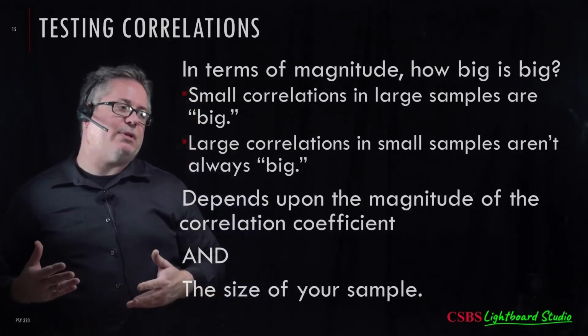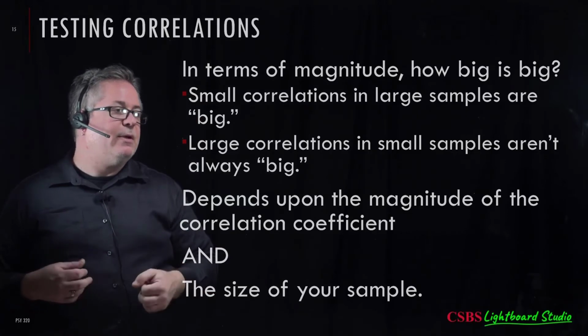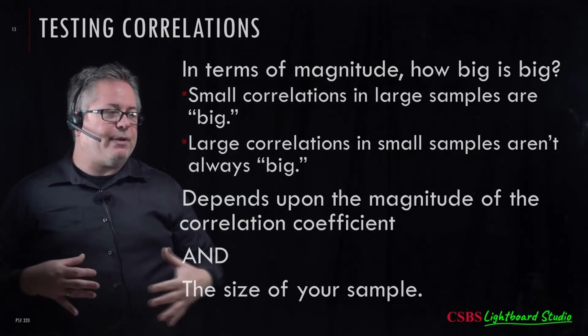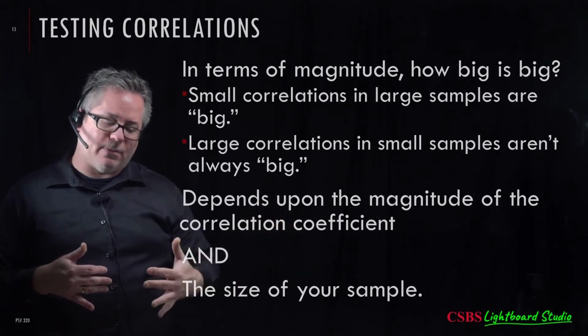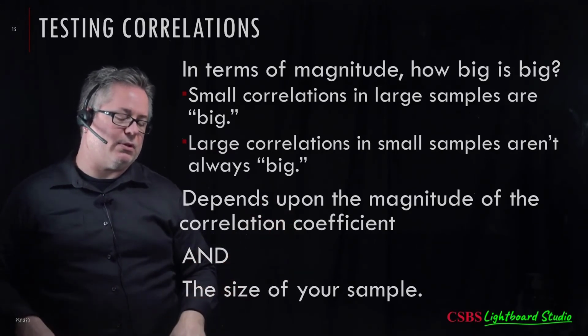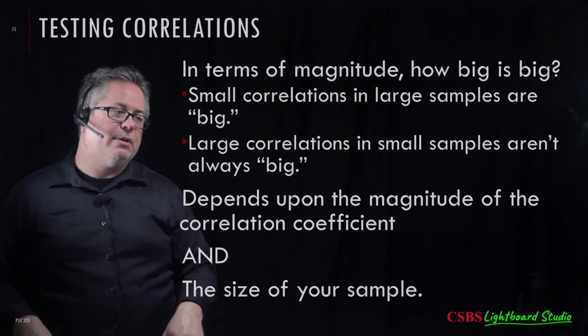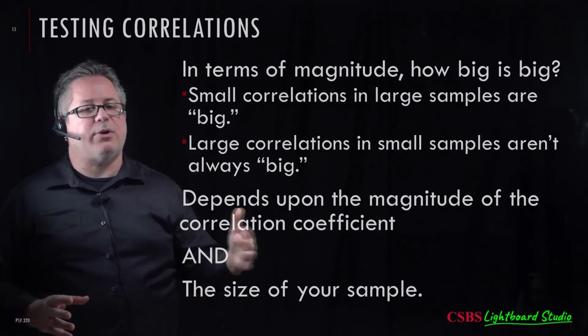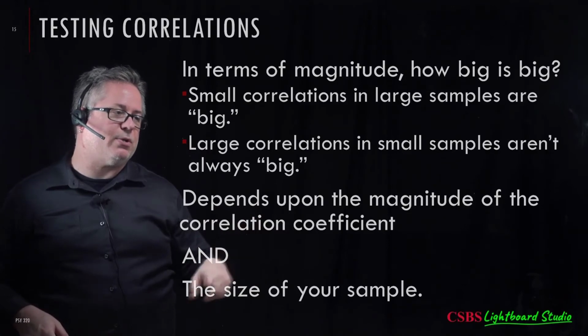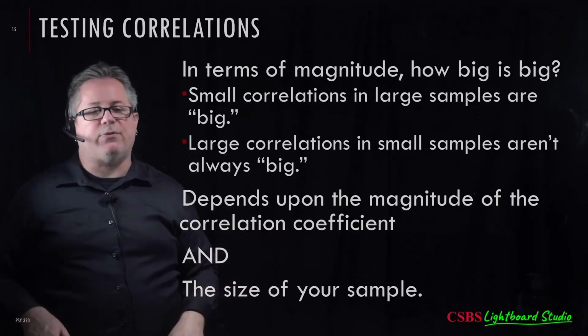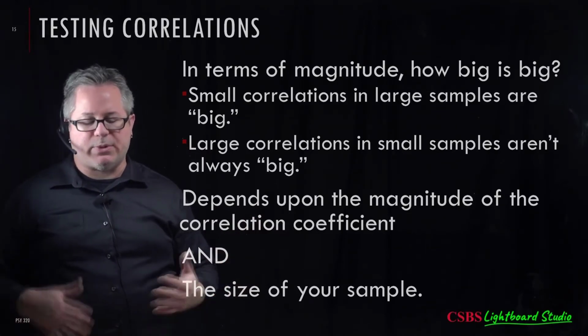It's the same as with t's and f's: the bigger your sample, the easier it is to find a significant f. The smaller your sample, the larger your critical f values. So it's the same idea: we need to use the size of the correlation, but also find critical values for R based on the size of the sample so we can actually test it.